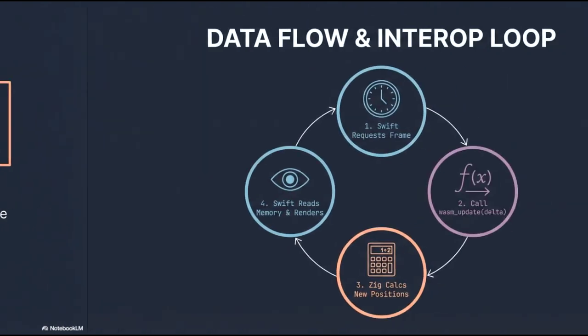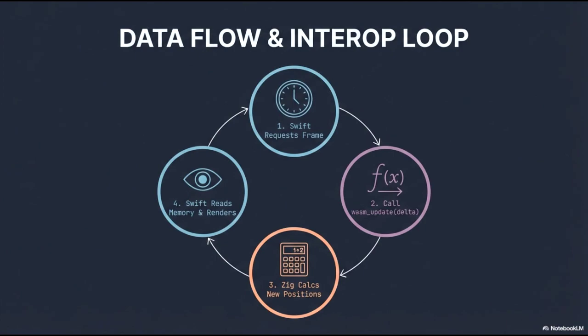The data flow and interop loop illustrates the synchronized lifecycle of a single frame between our Swift host and the Zig-powered WebAssembly core. The process begins at the top, where Swift requests a frame to initiate a new update cycle. In the second stage, Swift invokes the WASM update function, passing the elapsed delta time as a parameter.